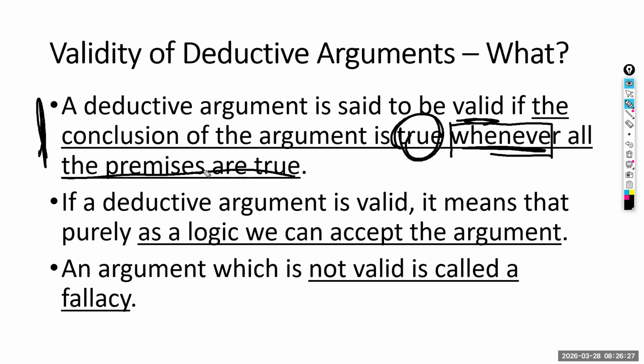Or we can say if the conclusion of the argument is always true whenever all the premises are true. We can even put here also always true. When logicians say true, it's always.